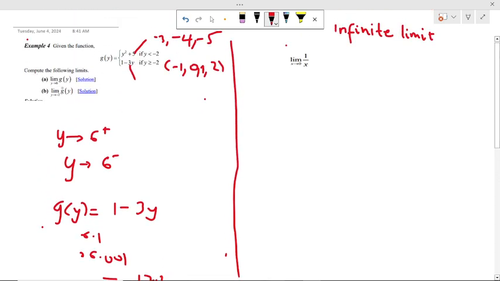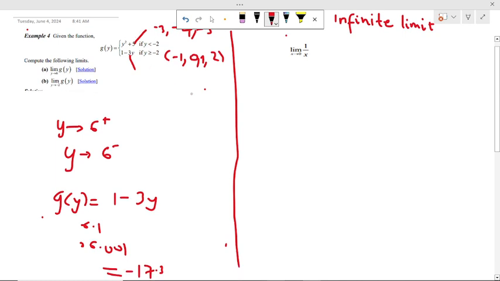Now let's do for y approaches -2 and let's see. For y approaches -2, we can use this particular portion for values that are less than -2, then 1 minus 3y for values that are greater than -2. So when we approach from the left hand side, we need to use the upper portion.